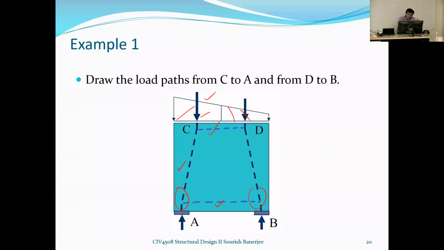That's why it is very important to note in this case that we need to have these horizontal members so that all the nodal equilibrium equations are satisfied. That means all the nodes are in equilibrium. Okay, very important. Do not think that just directly connecting C and A gives me the load path. You have to check whether all the nodes are in equilibrium or not.